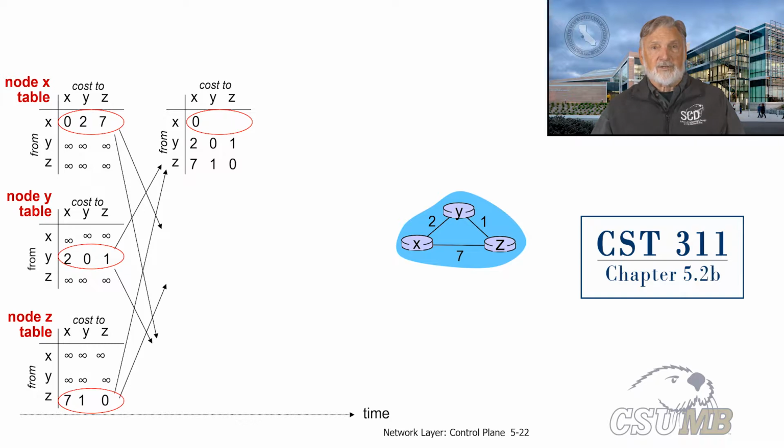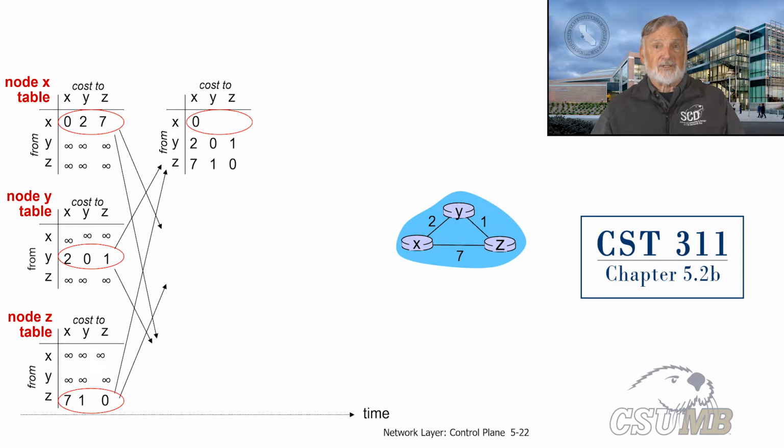After initialization, the neighbors tell each other what their DV values are. From this, the Bellman-Ford algorithm updates the node tables with the new estimated minimum values. Let's look at the new table for node X in the center of the chart. Node X has accepted the distance vector costs from nodes Y and Z, but it has changed one of its DV costs.